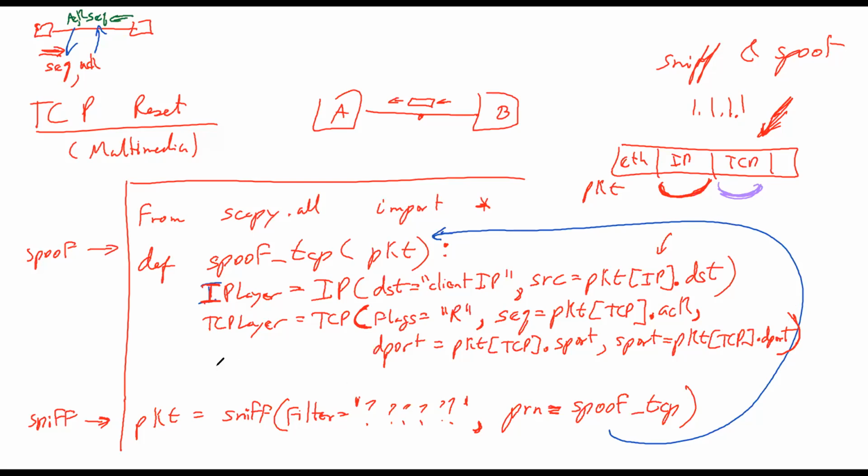After this, you can create the spoof packet. So you can just say spoof packet, and it's going to be equal to IP layer / TCP layer. Remember that that's just you concatenating the headers. So basically you take this one and concatenate it to that one, right? And so now you have a full packet and all that's left is to send it out.